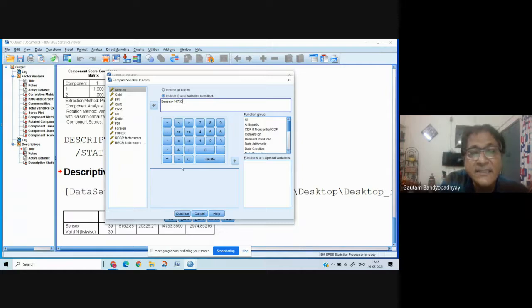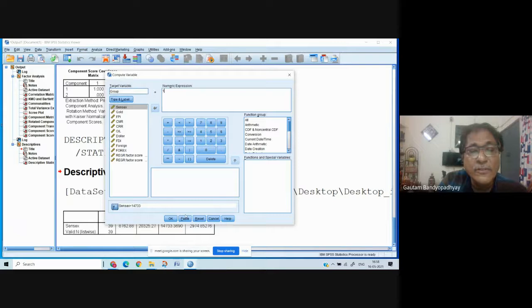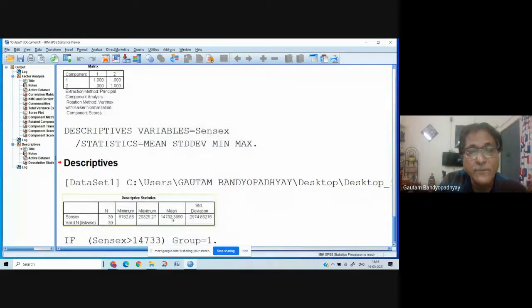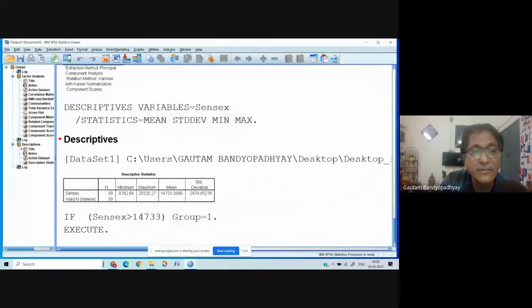I'm taking this, continue, then click OK. Naturally this is your Python logic: if Sensex is greater than this, we consider group 1. Execute.